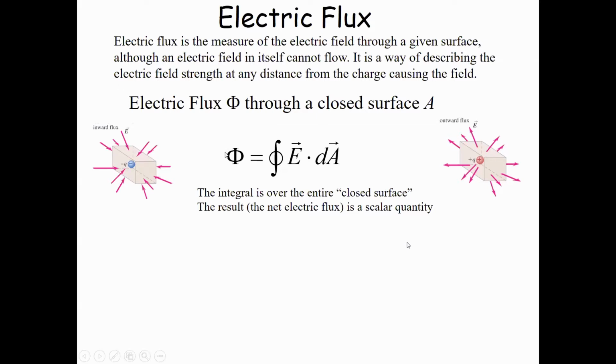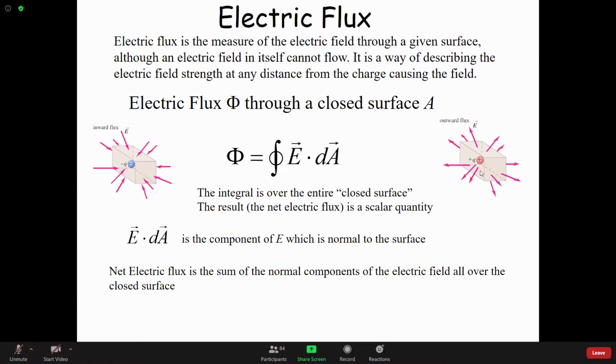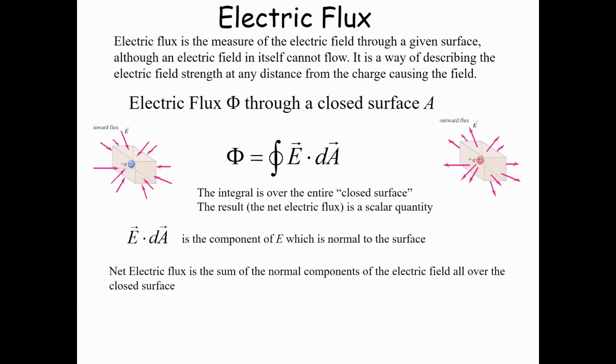Consequently, our flux, total flux, net flux, is a scalar. So E dot dA is the component of the electric field which is normal to the surface. I think that's probably the best way to think of this. And the net electric flux is the sum of all the normal components of the electric field all over the closed surface.